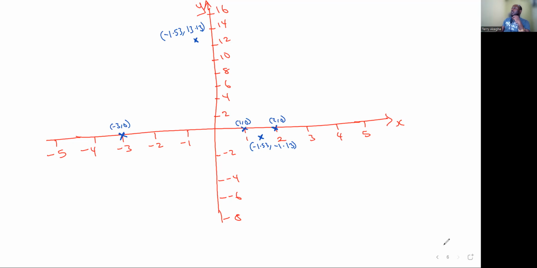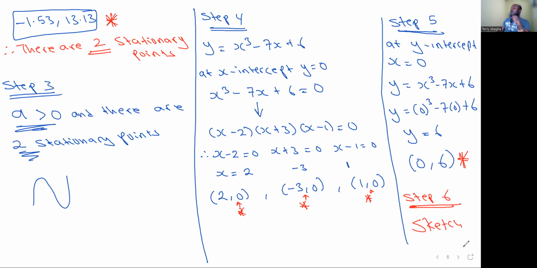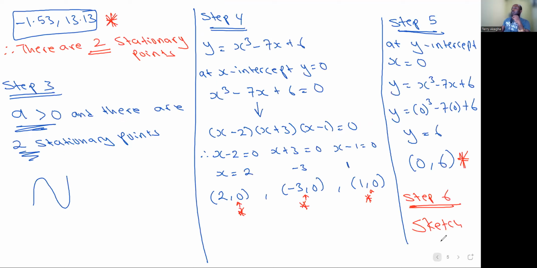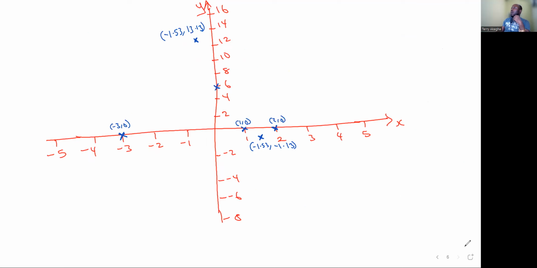Good. Then the last thing we found was 0 and 6. So x is 0, y is 6. And we know that the graph shape has to look like this. So the graph shape has to be this way. All right, let's go. So we're going to join the points together. Are you seeing?